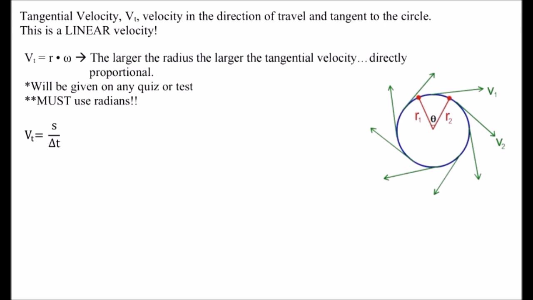Okay, so our little circle activity out there just showed us that as the radius increased, what else increased? The tangential velocity increased, and something else did too. Arc length. Very good. So our formula is r times theta for arc length.